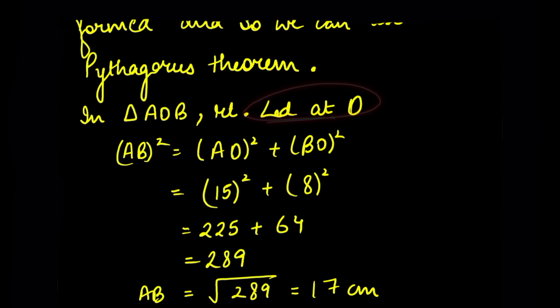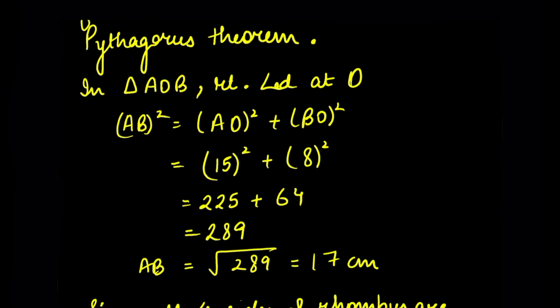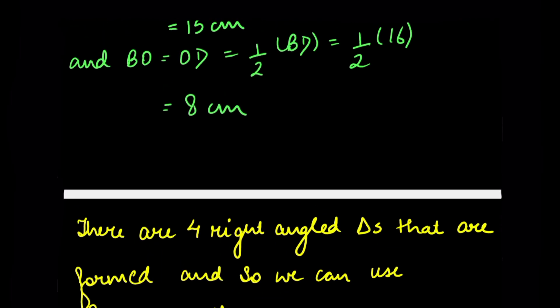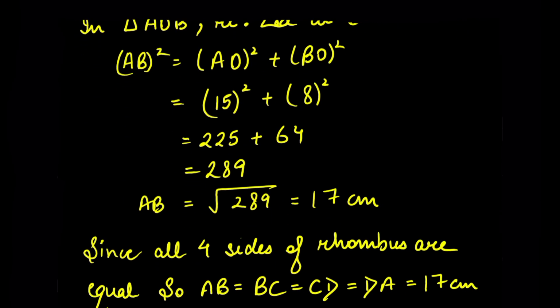So we can say that the hypotenuse, that is AB squared, is equal to AO squared plus BO squared. AO we have found to be 15 centimeters and BO to be 8 centimeters. That is 15 squared plus 8 squared, which gives us 225 plus 64. Adding them gives us 289.